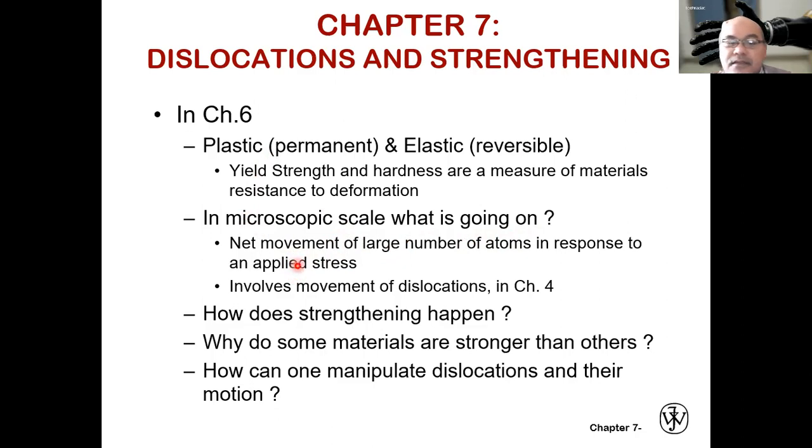So on the microscopic scale, this deformation involves movement of dislocations. That's why later we will see that when a material has dislocations or defects, it will be easier for that material to deform, and the yield strength will be decreased.